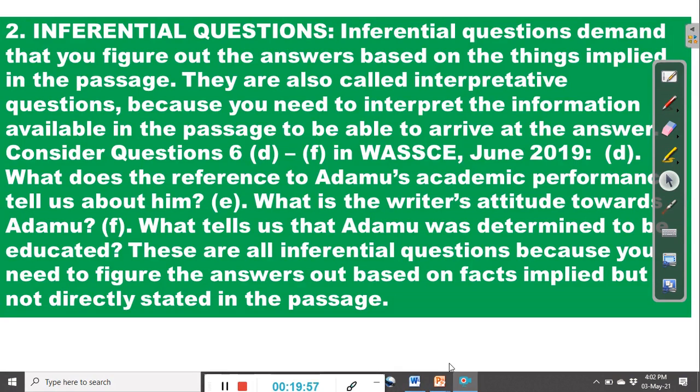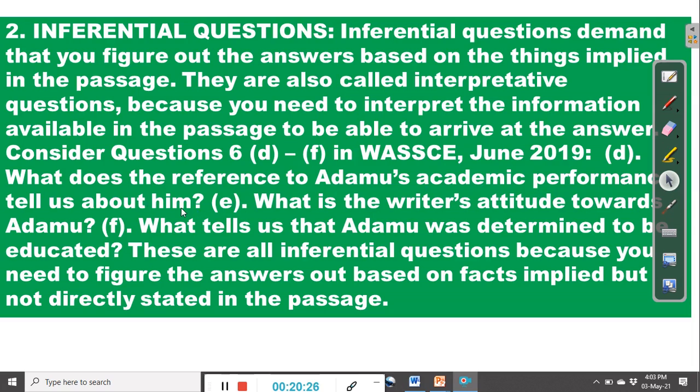Consider questions 6D to F in the West African Senior School Certificate Examination of June 2019. It is also important you can refer to that particular passage, so you will understand the reference we are making here. Question D is, what does the reference to Adamu's academic performance tell us about him?